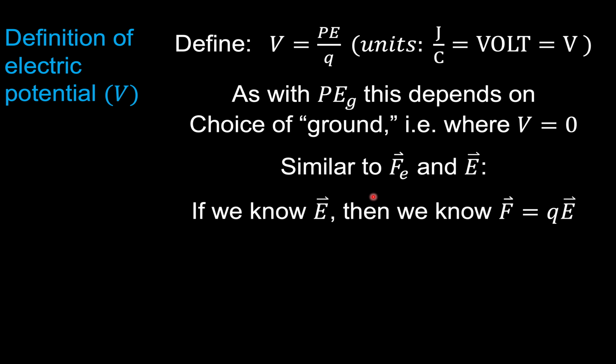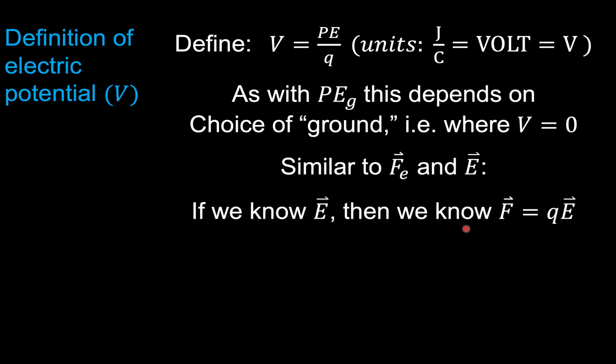And here I mentioned already the similarity between this relationship and the relationship between electric force and the electric field. But I'd like you to have that in your notes. If we know the electric field, then we can find electric force just by multiplying the electric field by the charge we're going to place in that electric field.